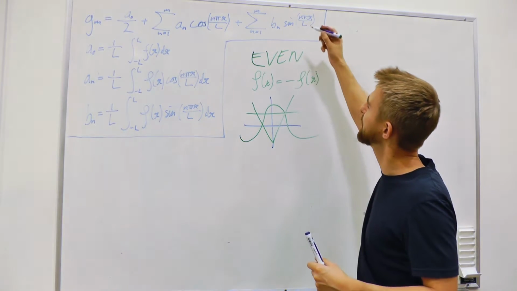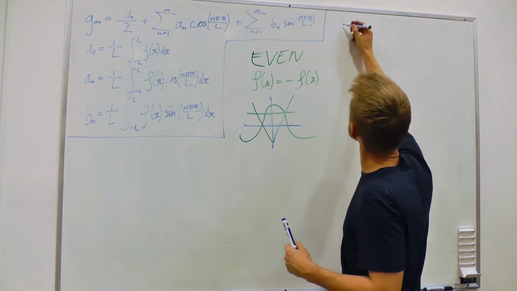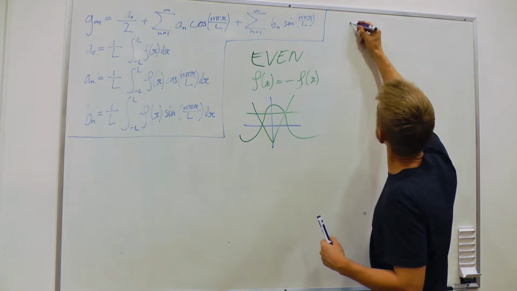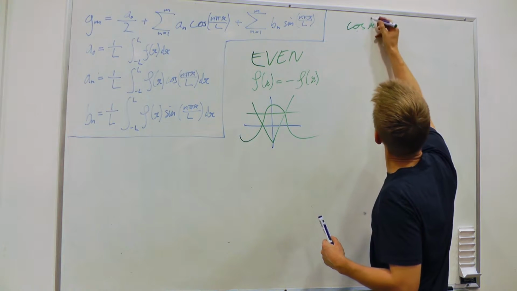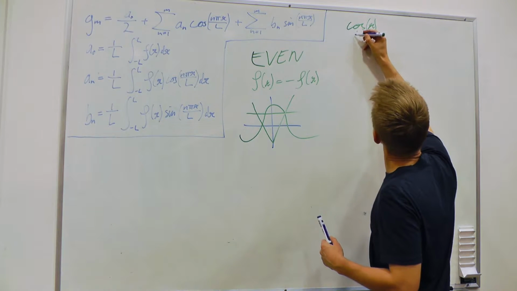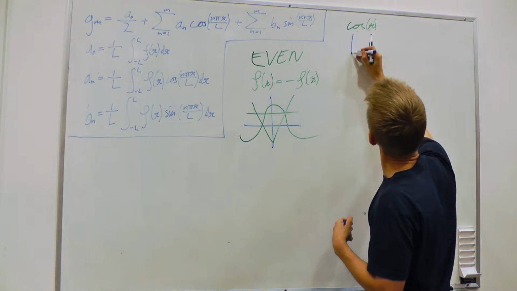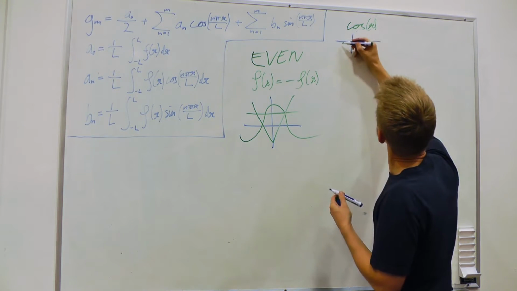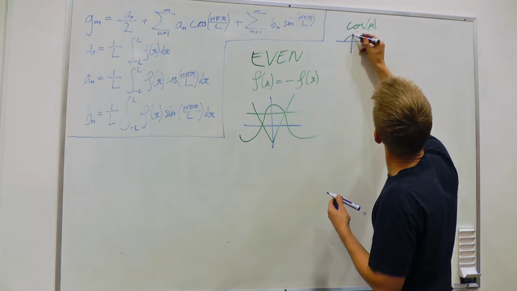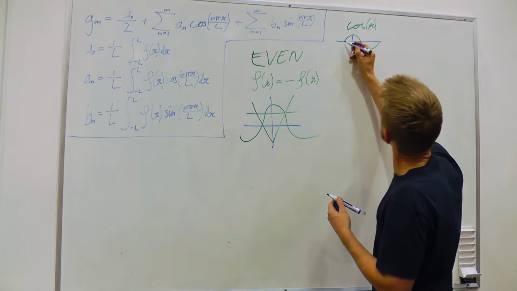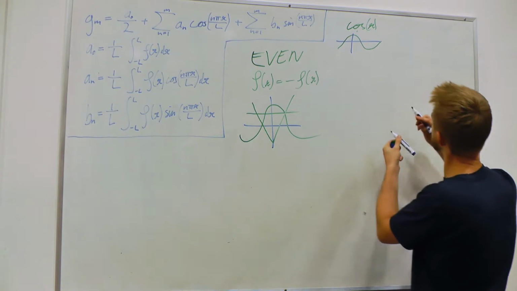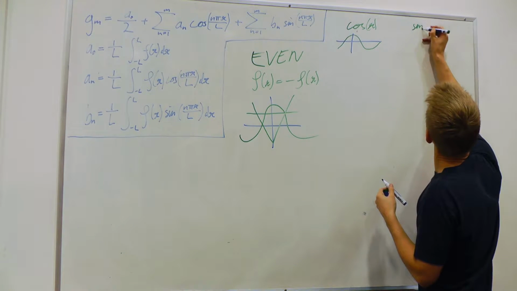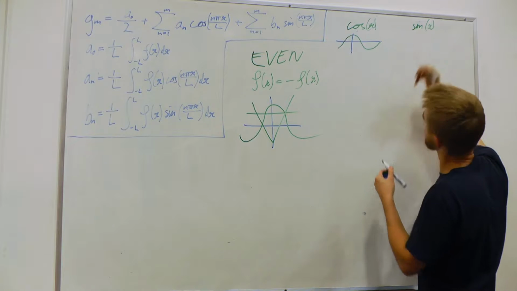Okay? But if you think about it, your sine function, we'll put them up here, so cos x looks like this. We'll do some axes. So cos looks like this, which is, of course, itself an even function, and sine looks like this. And we're going to have to bear these in mind all the way through the process.